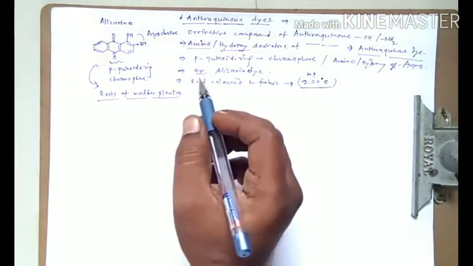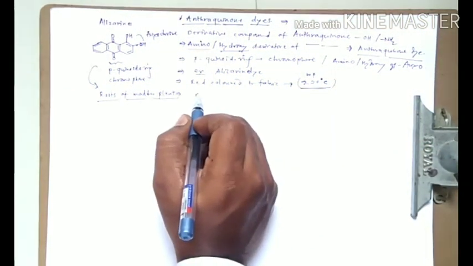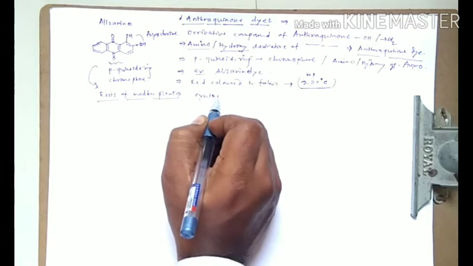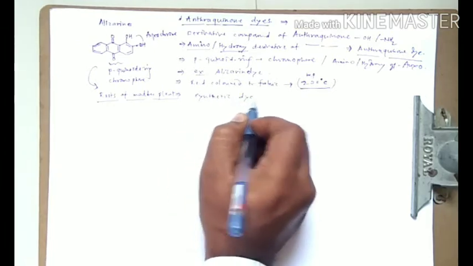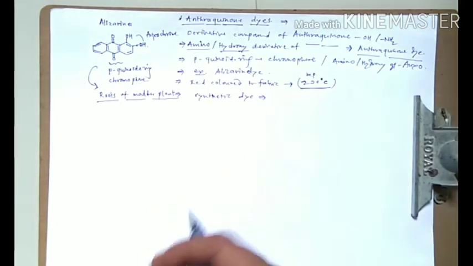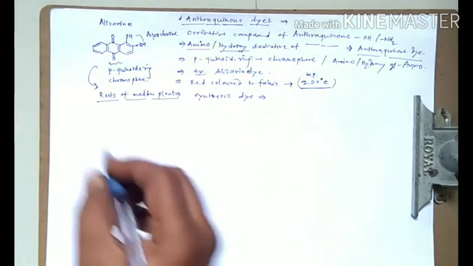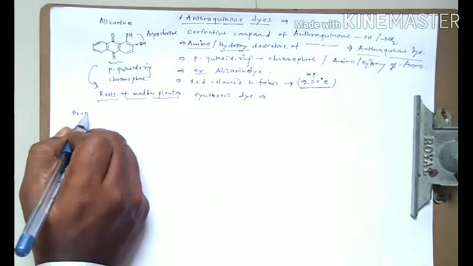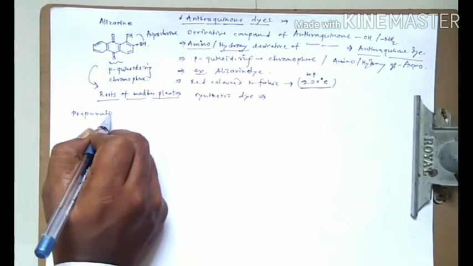It is produced commercially as a synthetic product, so you can say that it is a synthetic dye because it is prepared in the laboratory as well. Now let me discuss the laboratory method of synthesis of alizarin.